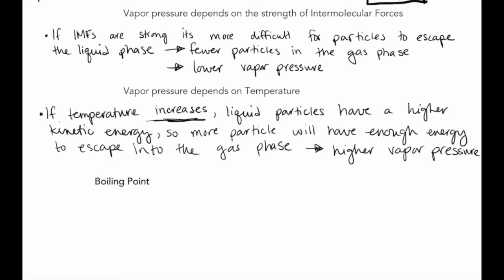And the technical definition of a boiling point is the temperature, and for water, it's 100 degrees Celsius, at which the vapor pressure of the liquid is equal to atmospheric pressure.